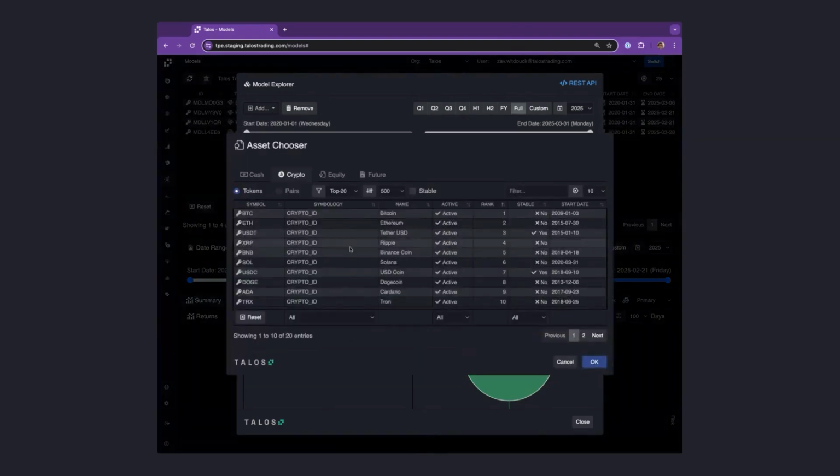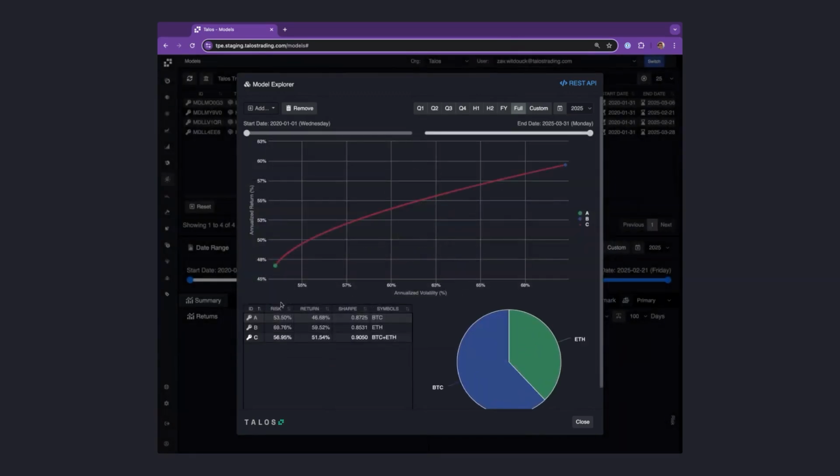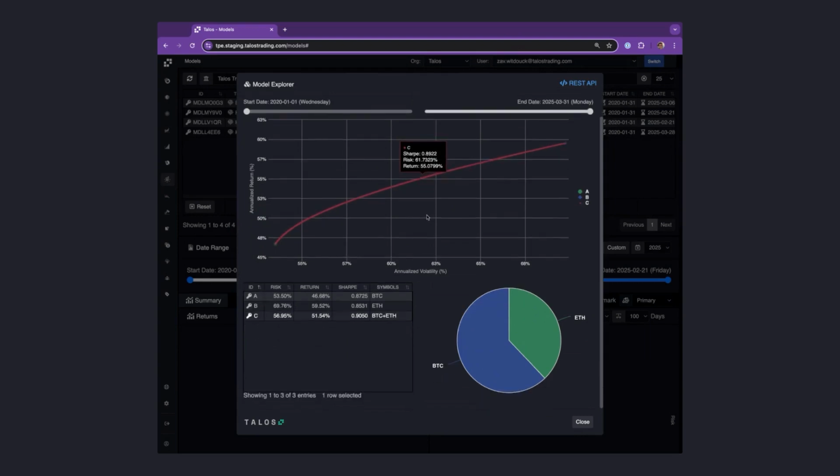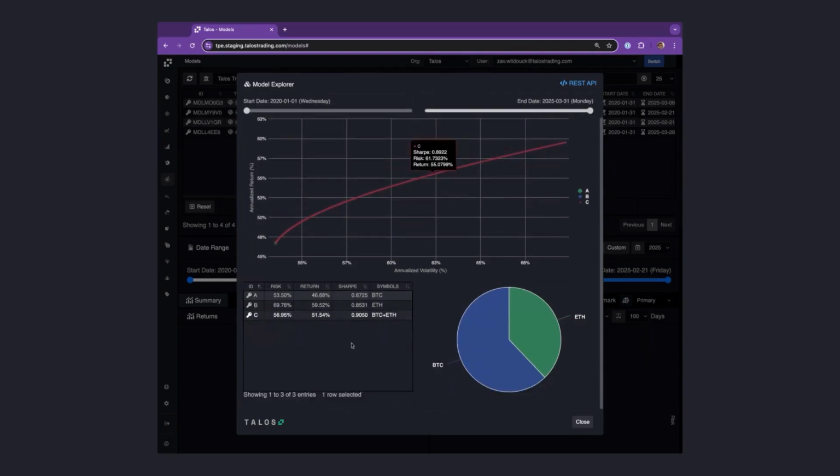Where things get a little more interesting is if we look at a portfolio composed of Bitcoin and Ethereum together. Here you get a sense of the efficient frontier. What we've done is generate 50,000 random allocations of Bitcoin and Ethereum and calculate the risk and return of those random portfolios using historical returns of the past 5 years.